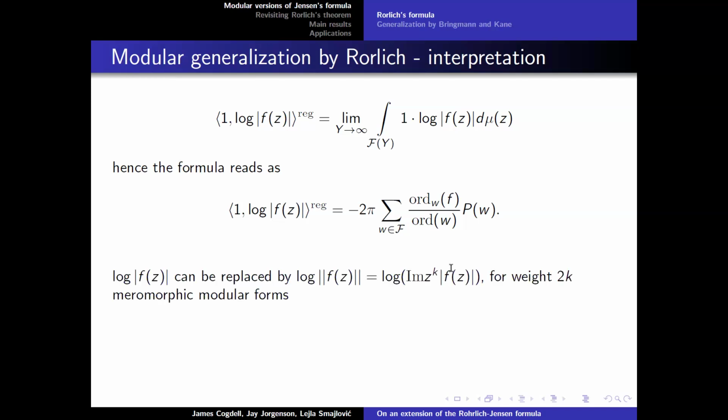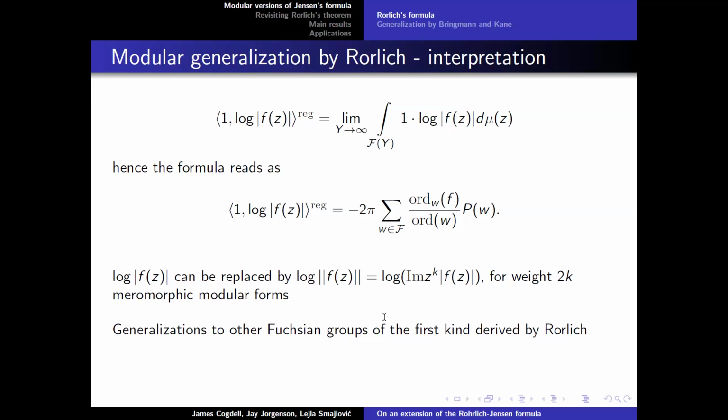Okay, so the logarithm can be replaced by log norm if we assume that instead of being weight 0, meaning being invariant with respect to the group action, our function is a weight 2k meromorphic modular form, and again the same condition regarding its q-expansion at infinity.